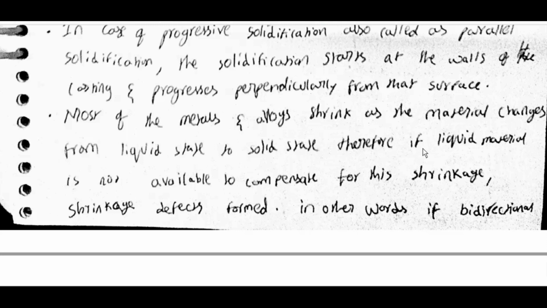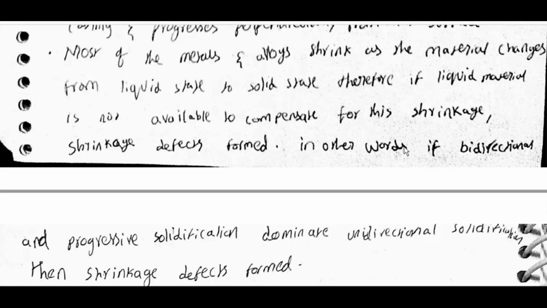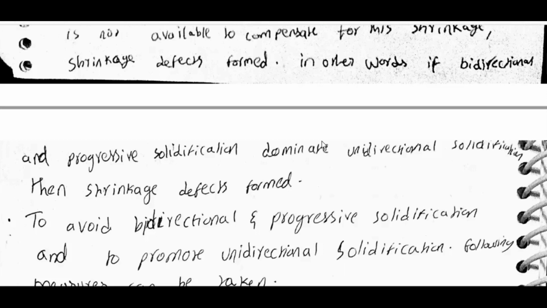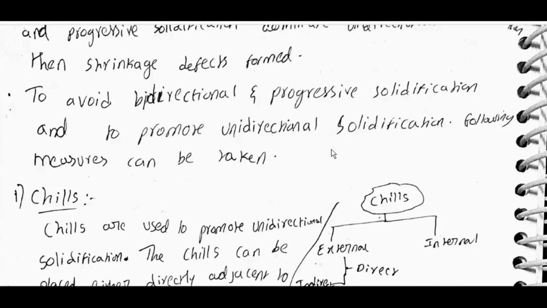Therefore, if liquid material is not available to compensate for this shrinkage, defects are formed. In other words, if bidirectional and progressive solidification dominate unidirectional solidification, the shrinkage defects are formed. To avoid bidirectional and progressive solidification, and to promote unidirectional solidification, following measures can be taken.